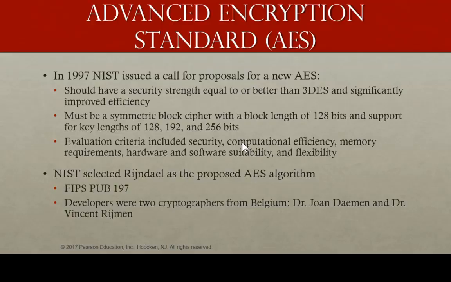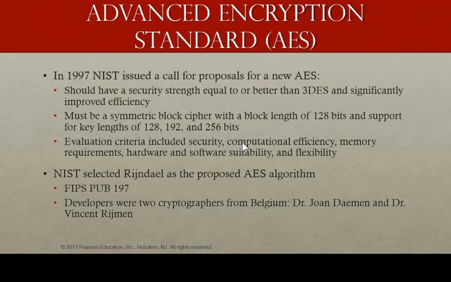A secondary drawback is that both DEA and triple DES use a 64-bit block size. For reasons of both efficiency and security, a larger block size is desirable. Because of these drawbacks, triple DES is not a reasonable candidate for long-term use.